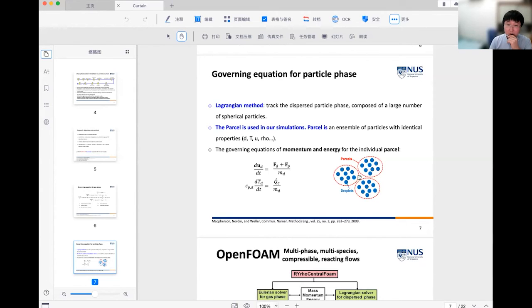As shown in this figure, there are many particles in a parcel. The governing equations of momentum and energy for the individual parcel are such that the particle velocity is determined by drag force and the pressure gradient force, and the particle temperature is controlled by convective heat transfer rate.